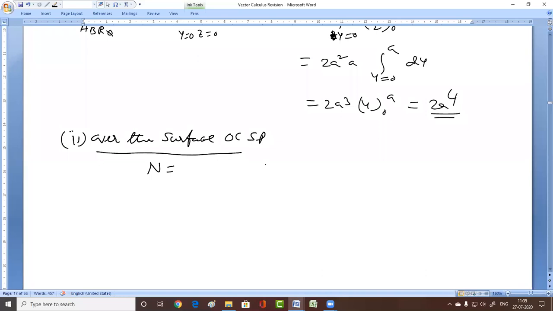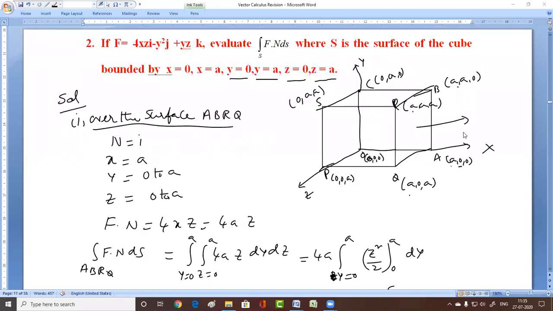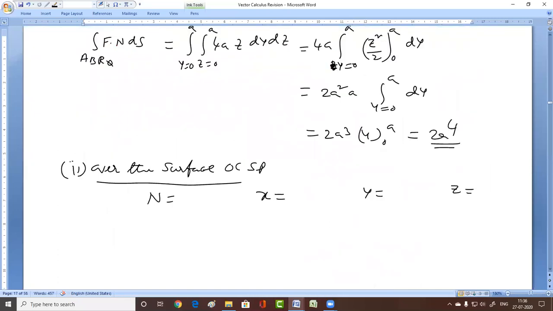Now observe this surface OCSP. Its unit outward normal is the backside normal, minus x-axis is the normal. So unit normal is minus i, n equals minus i.